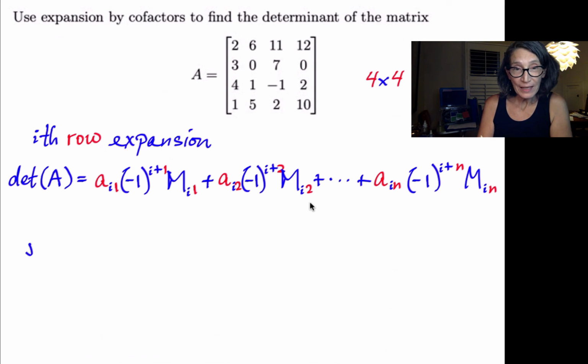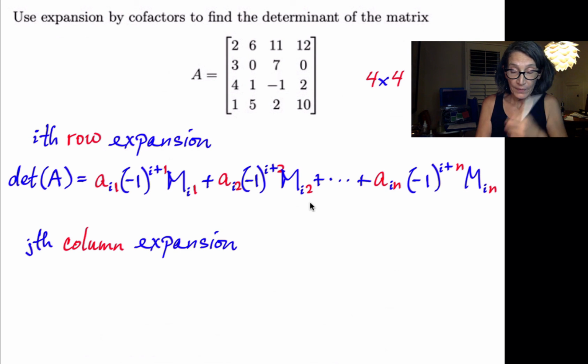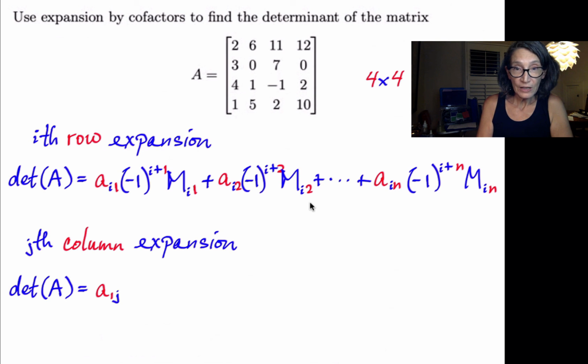You can do the same thing along a column. So say you decided to choose the jth column of your matrix and you want to expand along that. You take the first entry in that column, a_1j, multiply by negative 1 raised to the 1 plus j, multiply that all by the minor M_1j, which is the determinant of the submatrix you get by deleting the first row and the jth column.